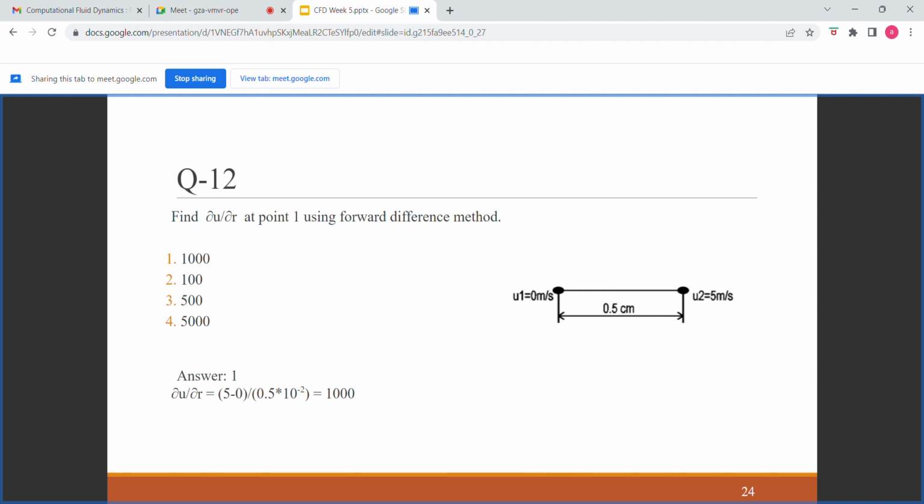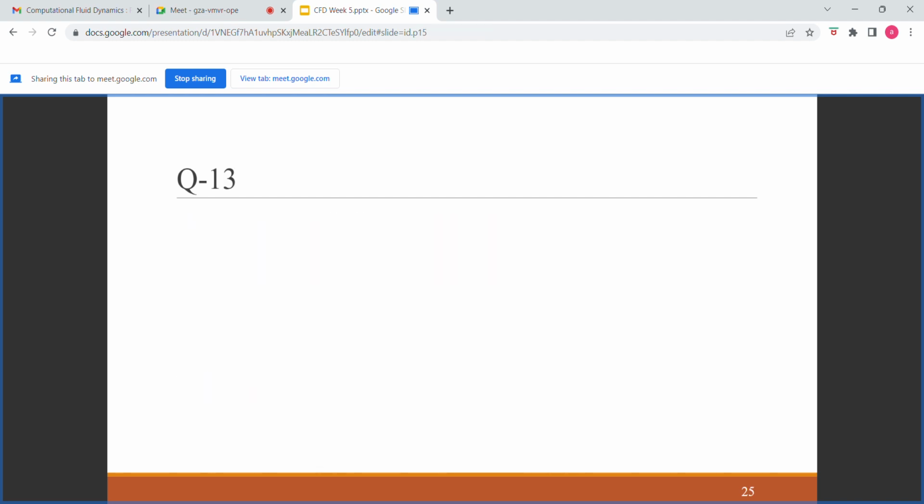And we'll now move on to question 13. So here five more problems are left. These are all very easy problems that are asked in the further questions.